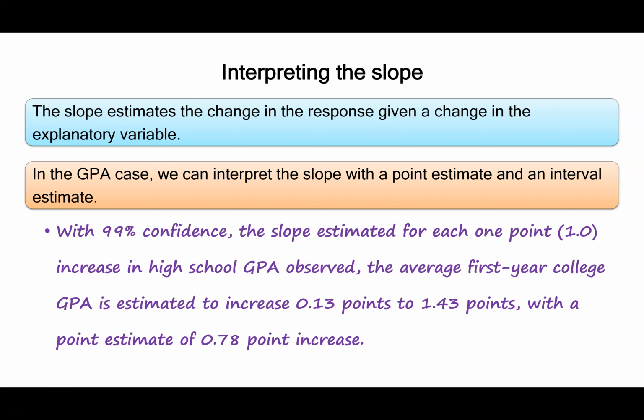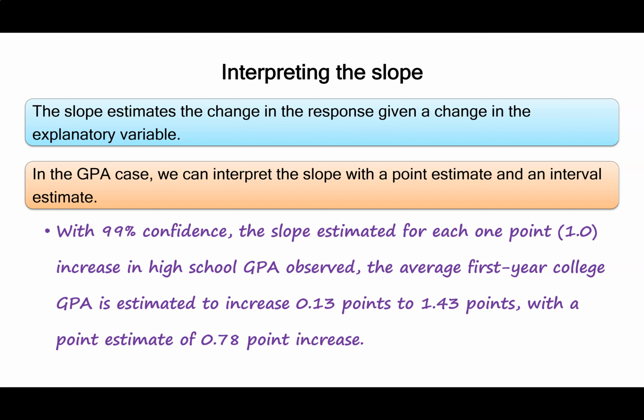So when we see the high school GPA get higher, we also see the college GPA get higher, which isn't too surprising. We'd be a little surprised if it got lower. If we had negative values in our confidence interval, that would have been associated with a decrease. So that's worth noting.